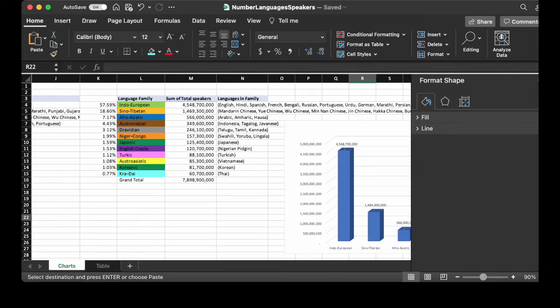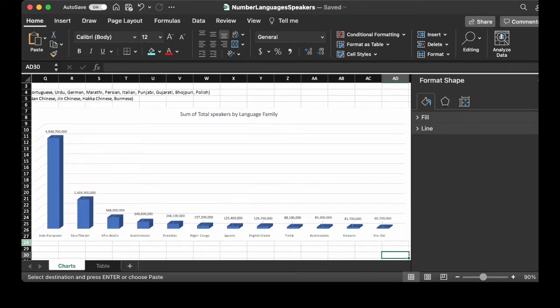So, even though probably the Sino-Tibetan has the most primary speakers, when you count all the people that speak an Indo-European language as a second language, then they come in at triple the amount of speakers. So, and then you see the big tail off here.